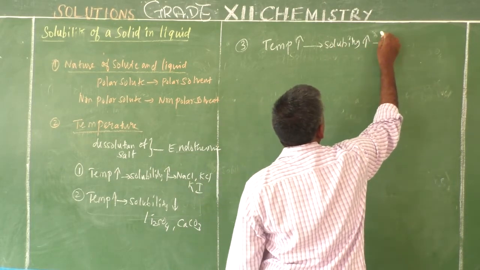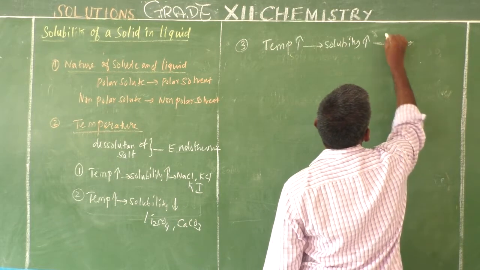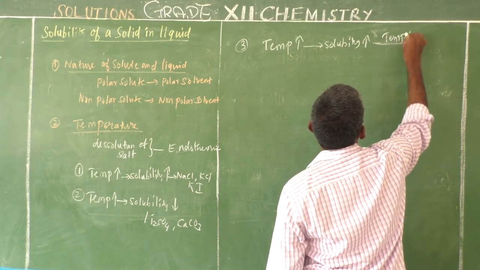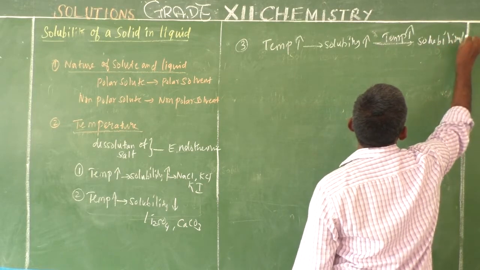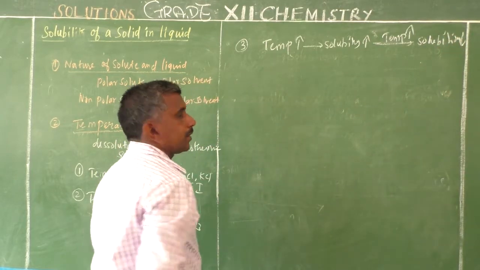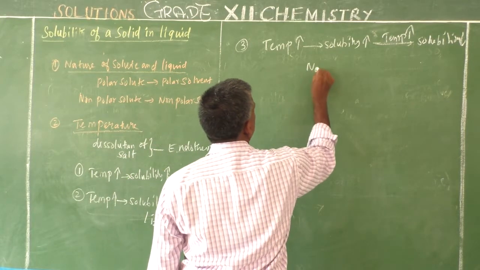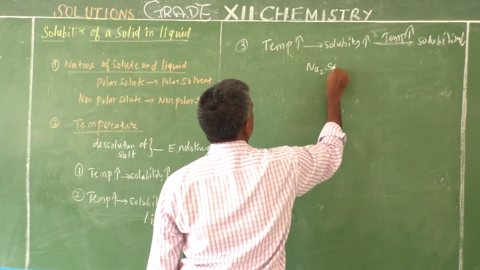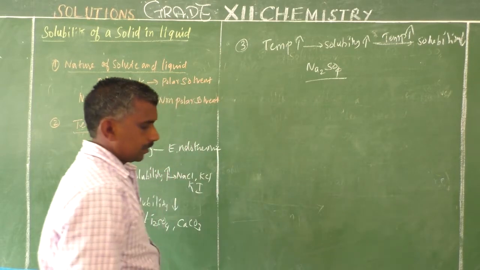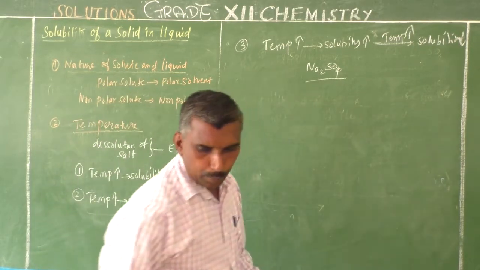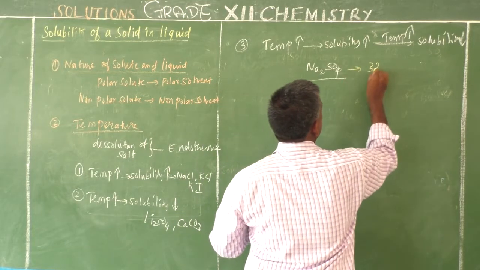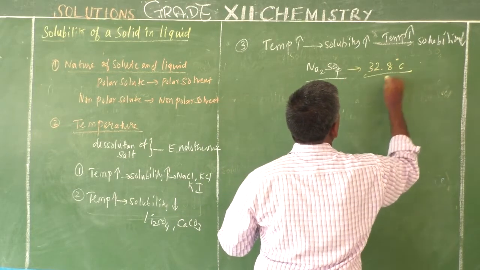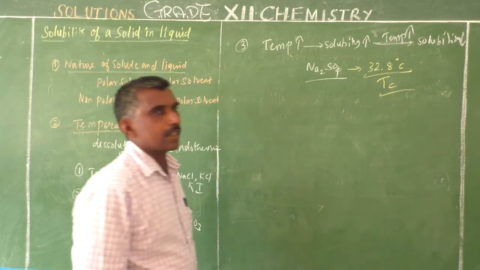Then temperature increasing, solubility decreases. Example, sodium sulfate at 32.8 degrees centigrade. This is the transition temperature, Tc.